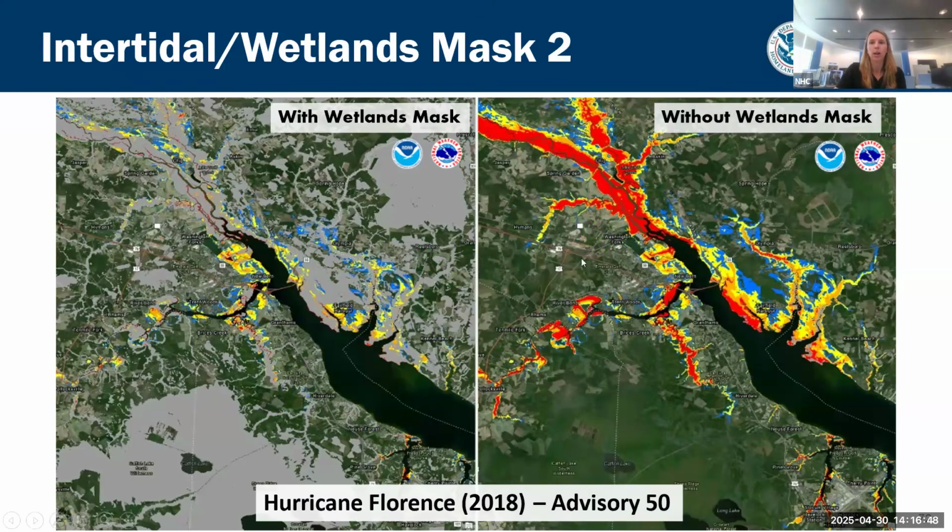Without the wetland mask, you can see that the water levels do look higher, but this mask allows you to focus in on the downtown area of New Bern and see the threat to that specific community, not in the wetland locations. That is an example of with and without the mask. And again, online, you can use these tools both ways, so you can toggle back and forth.